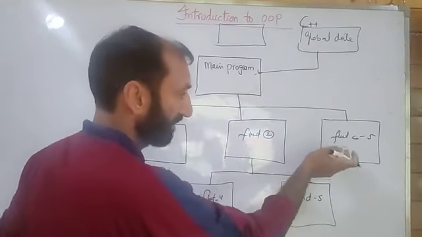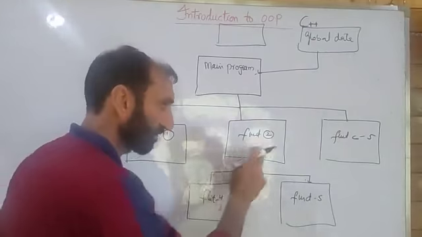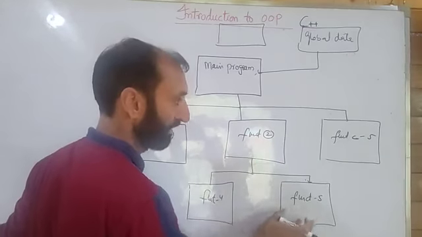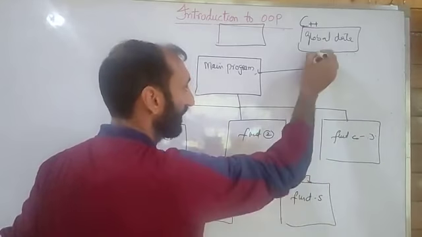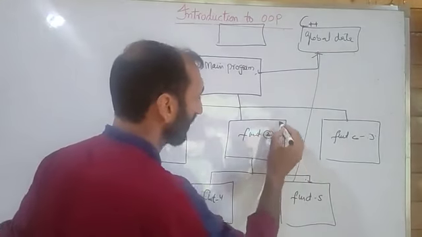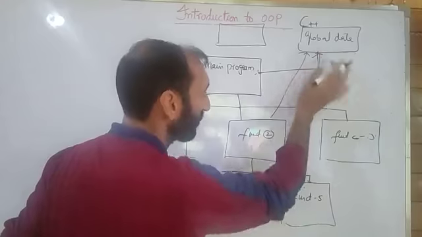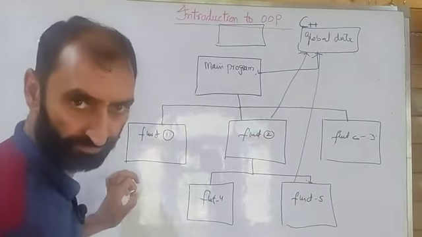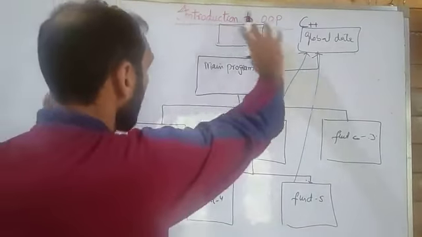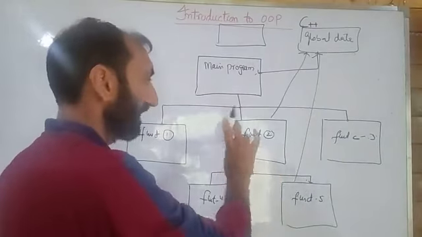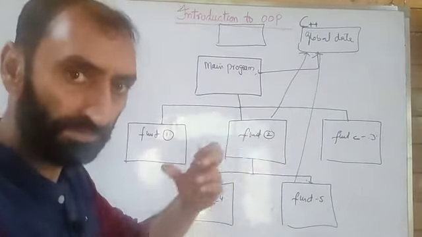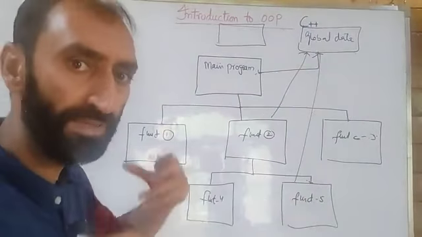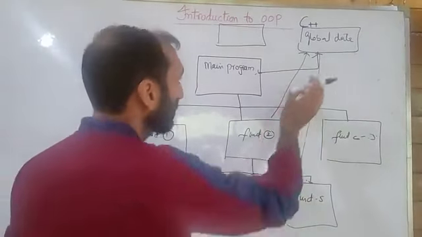That means function 1, function 2, function 5, function 4 and function 3, all these functions have access to this global data. So we can say in procedural oriented programming, each and every function of the big program, of a big problem, can access the global data.